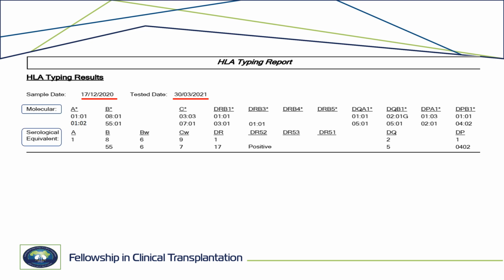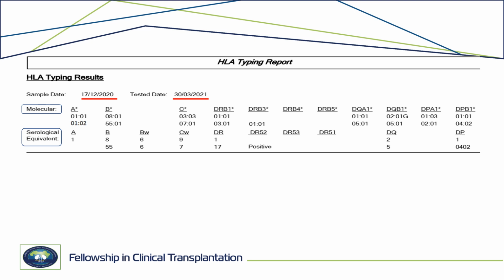And then you will see two rows. The first row is the molecular typing, which is what most labs do now. And then there is a serological equivalent. Serological equivalent doesn't mean that the lab has done serology to identify the HLA typing, but this is the predicted serology based on the molecular typing.